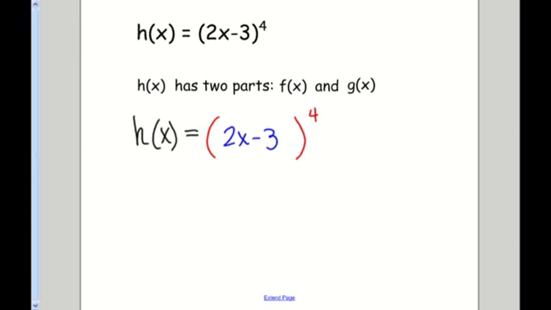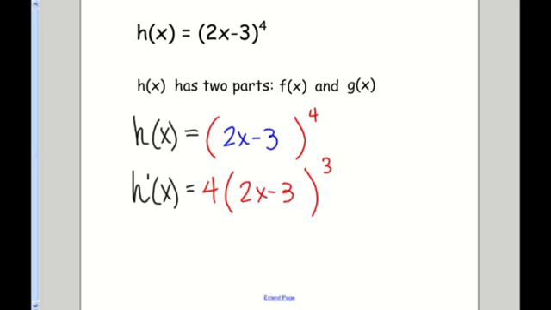So when I find h prime of x, I'm going to first take the derivative of this outside portion. So I would treat it just like a power rule with an x, except that it's not x. Inside of here I've got 2x minus 3.